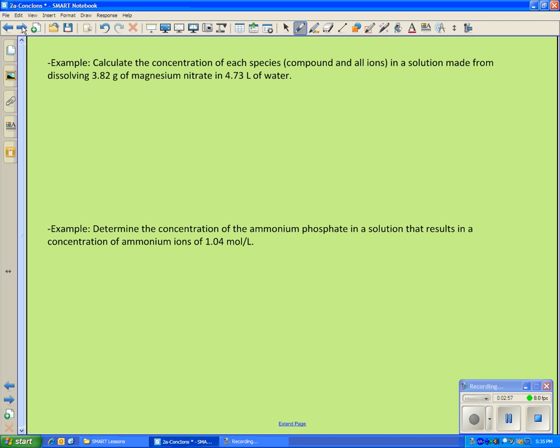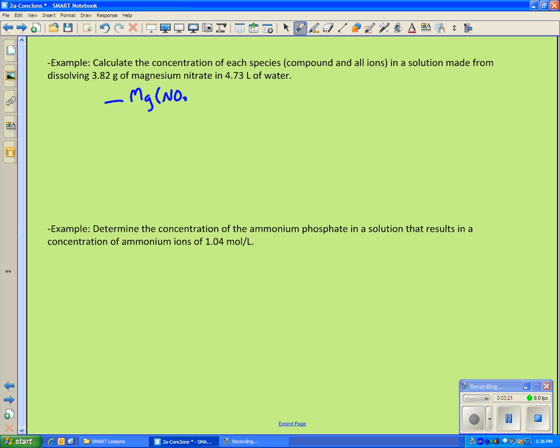Let's do a couple more examples of calculations for the ions. For the first one, we want to calculate the concentration of each species, the compound and all the ions, in a solution made from dissolving 3.82 grams of magnesium nitrate in 4.73 liters of water. Again, we should start with our dissociation reaction.